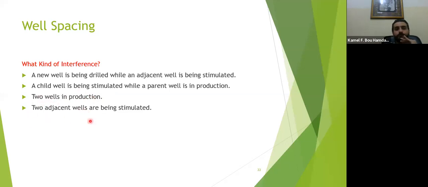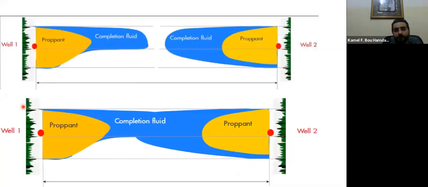You might also have 2 adjacent wells that are being stimulated. So it's like we are fracturing 2 wells close to each other. How is this going to affect our wells? You might have some kind of interference with this case. Okay, if we look here, we have an image of 2 wells, and we are doing hydraulic fracturing.